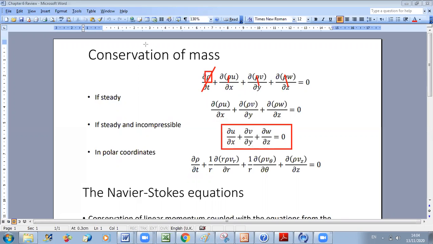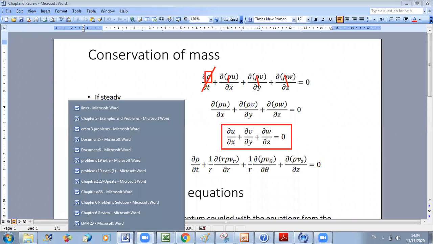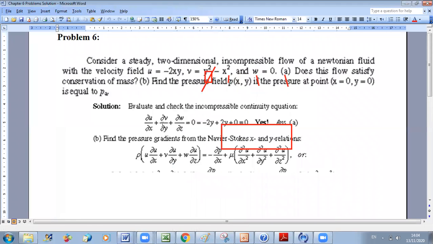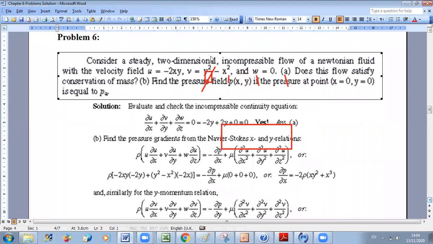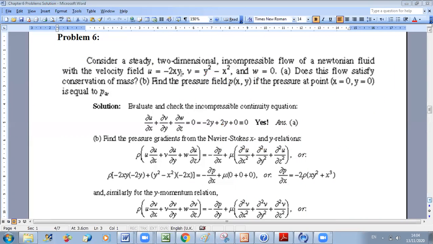Now if I go back to my problem, I want to verify that this equation is satisfied. So let us try to do it. u is minus 2xy, so del u by del x is minus 2y. For del v by del y, v is y squared minus x squared, so del v by del y is plus 2y.